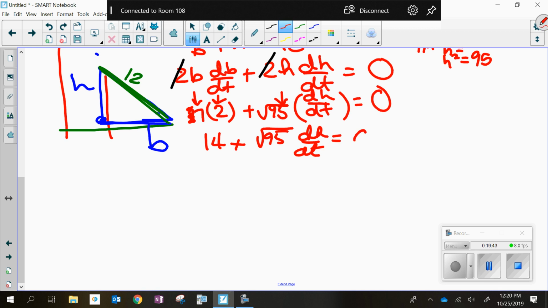All right. Finish solving. Do we have to take the denominator? Yeah. Well, you probably are going to take this to a decimal. Okay. So take it to a decimal.